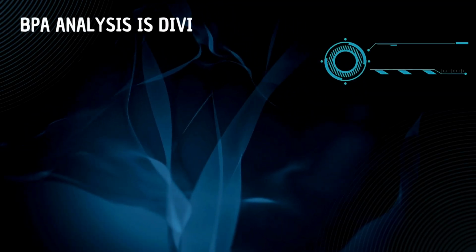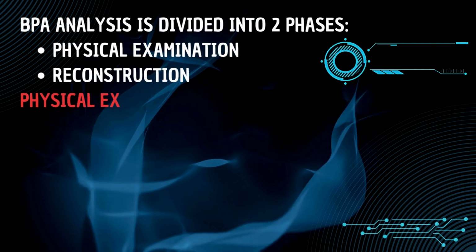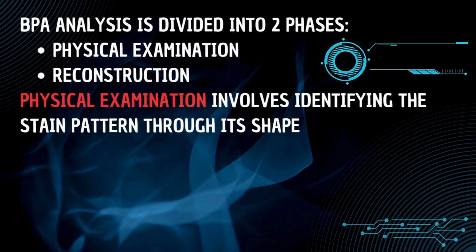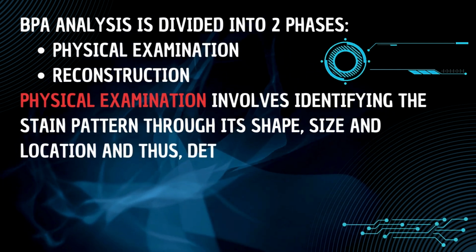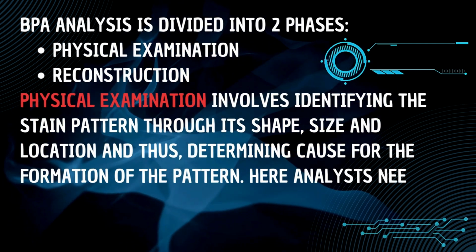BPA analysis is divided into two phases: physical examination and reconstruction. Physical examination involves identifying the stain pattern through its shape, size, and location, and thus determining the cause for the formation of the pattern.